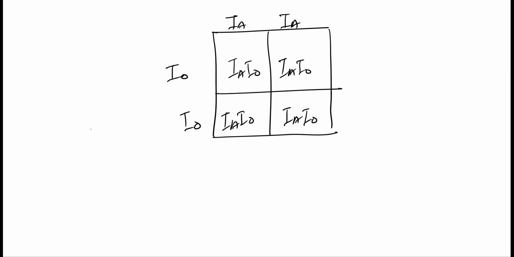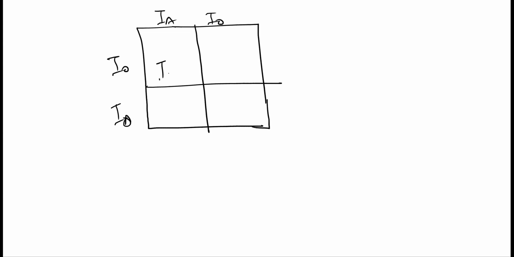But if the father has heterozygous A, like IAIO, and the mother has O blood group, then it is going to have IAIO, IAIO, IOIO, IOIO.